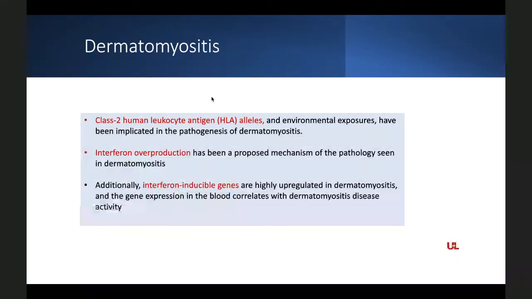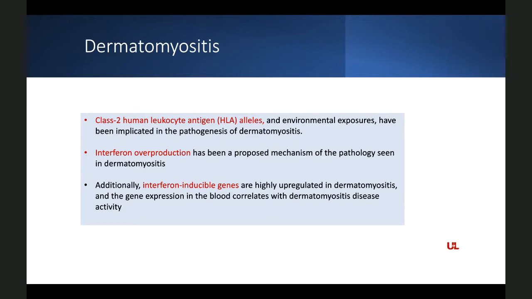So starting off with dermatomyositis, I'm not going to go that much into the pathophysiology of these myopathies because we do have a lot of literature on how it has evolved and the treatment options. But then again, there is also a lot of controversy.